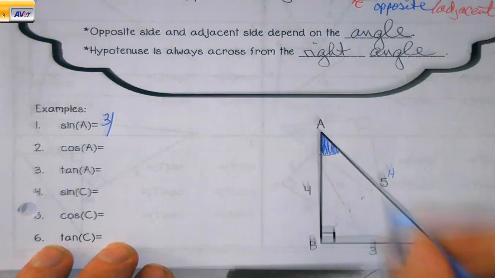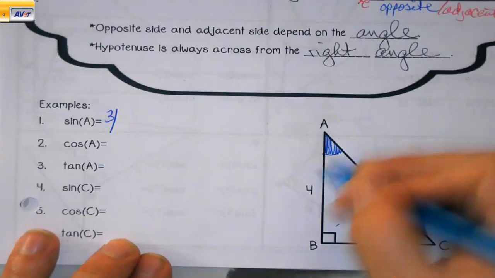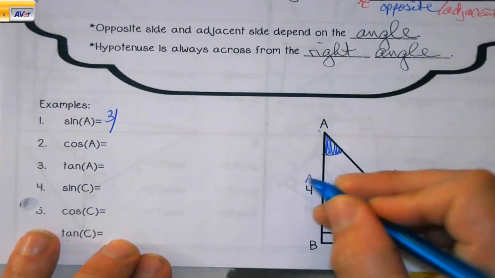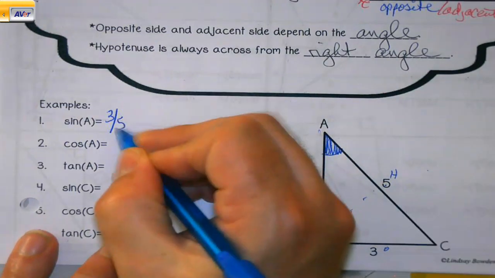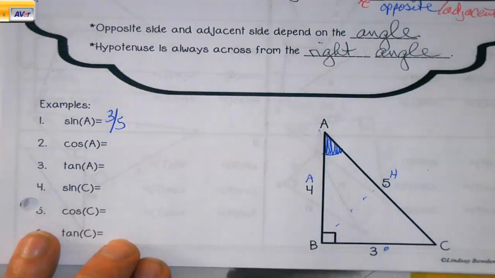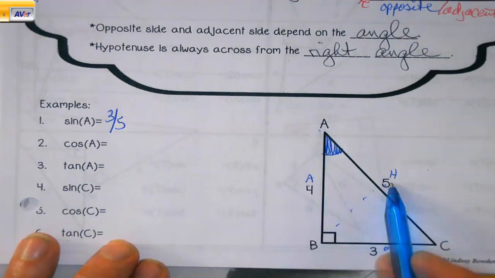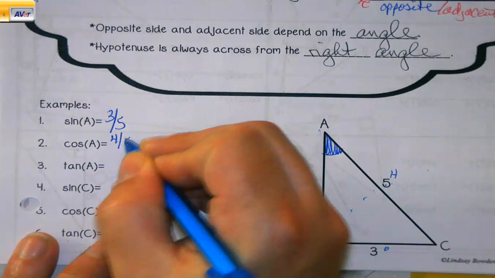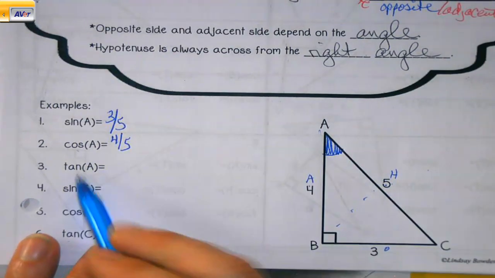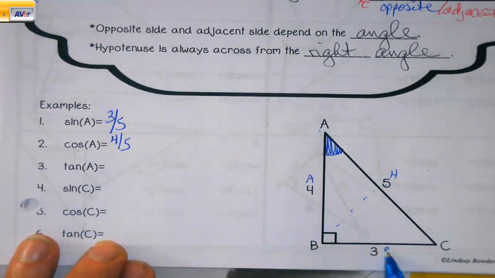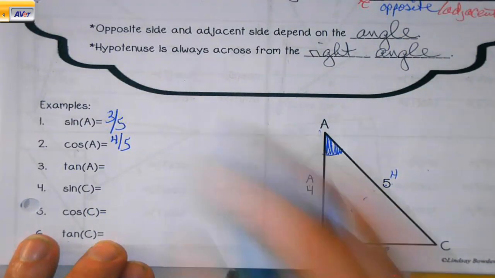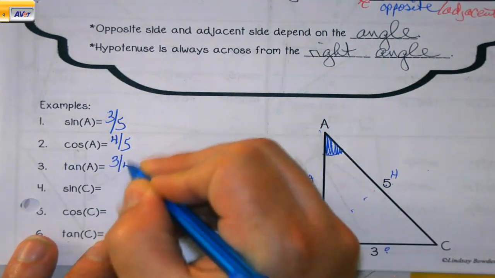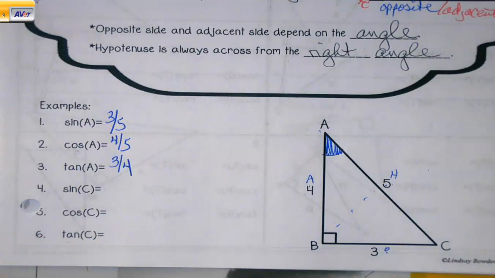Maybe I even label them opposite, hypotenuse, adjacent. Never a terrible idea. Cosine, adjacent over hypotenuse. Tangent is opposite over adjacent. Just making the fractions and leaving them. Don't need decimals, don't need to do anything else fancy.